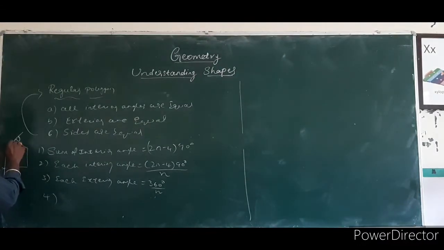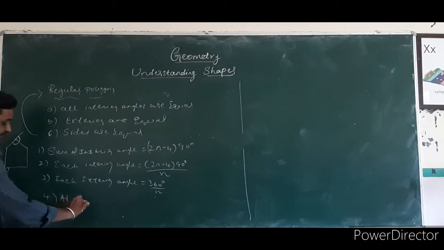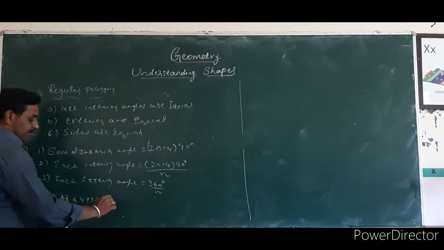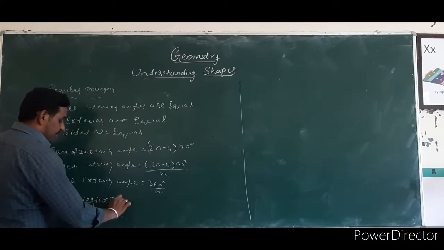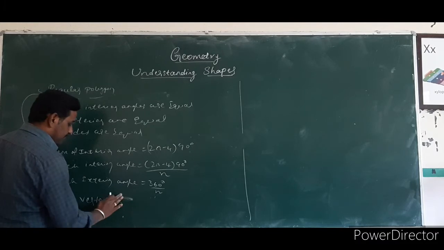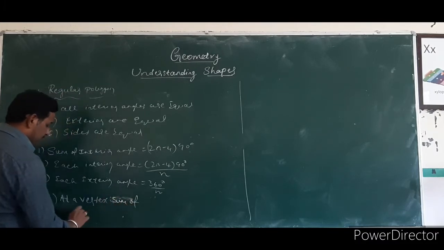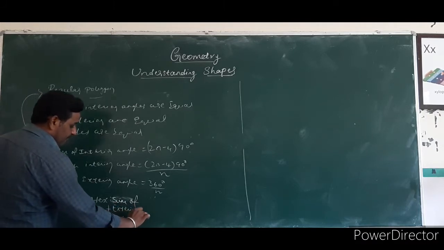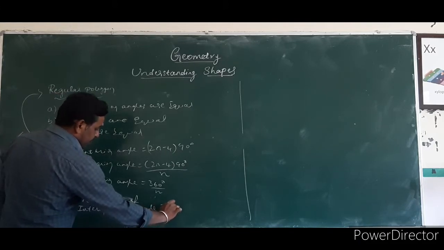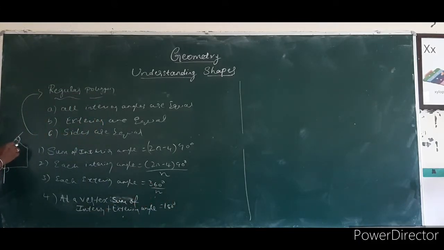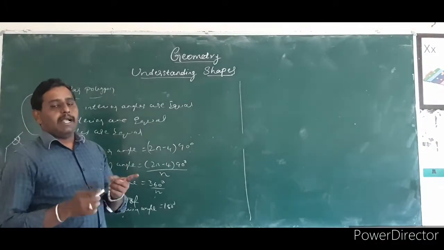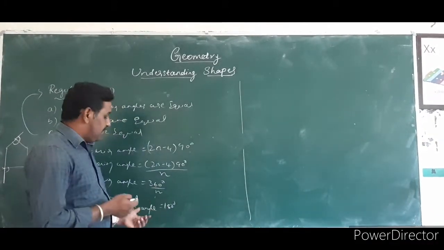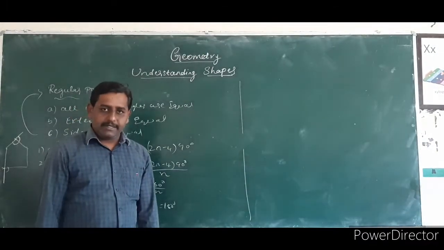The sum of the interior plus exterior angle at a given vertex is equal to 180 degrees, because the exterior angle and interior angle are both on the same straight line at the vertex.